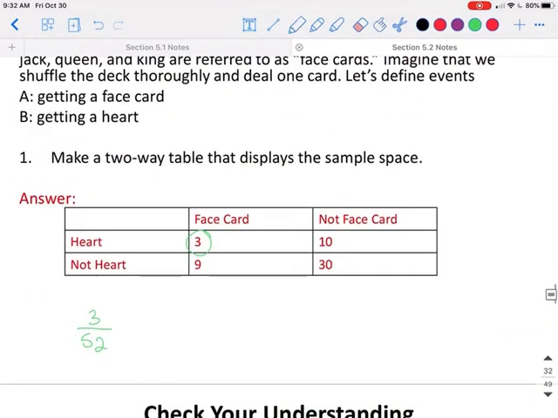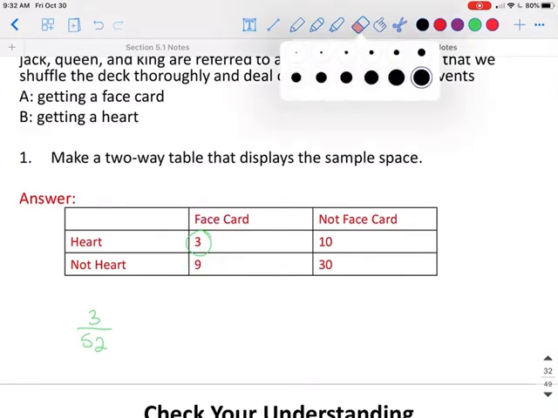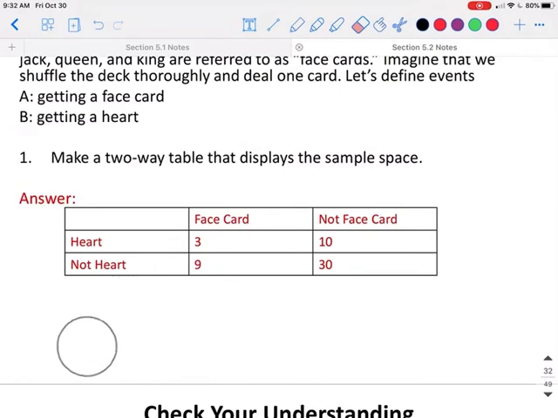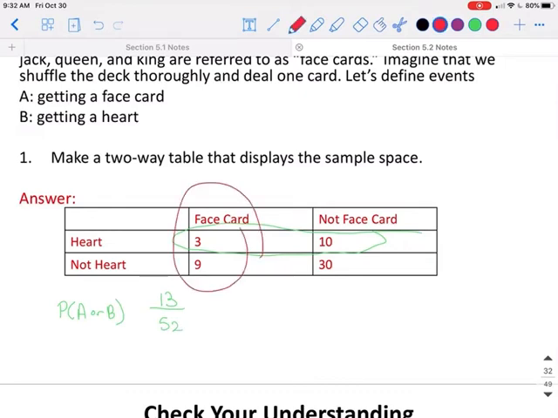So if we come back here to our sample space, the probability of A or B, if we just took everything in event A, which would be all of the hearts, which is 13 out of 52, and then the probability of event B, which is all the face cards, which is 12 out of 52, then we would get 25 out of 52.